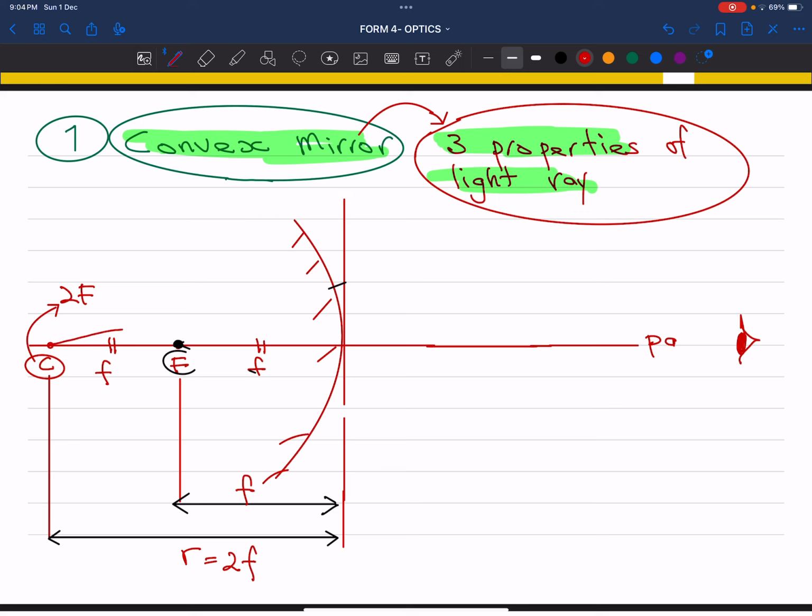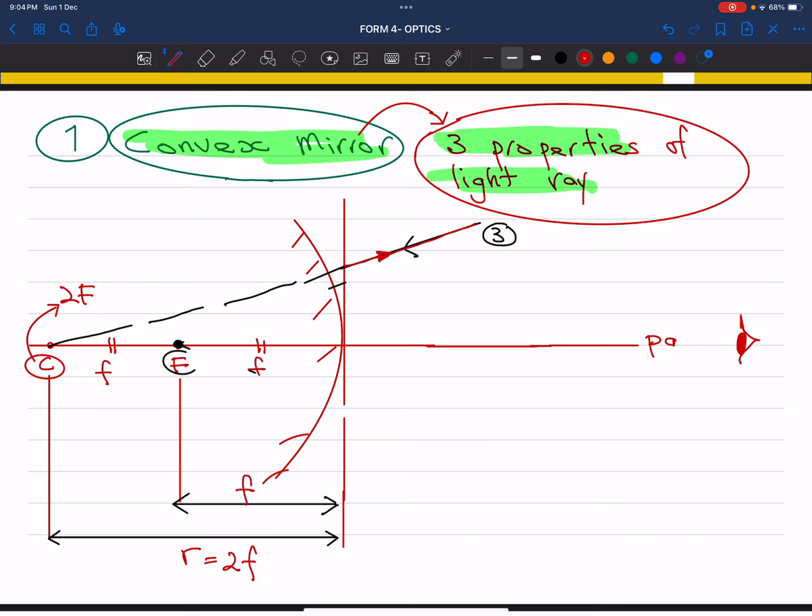Let me use a black pen. I'm going to draw broken lines, okay? I have a light ray. The third property: any light ray as though approaching the C, it will come back the same path.